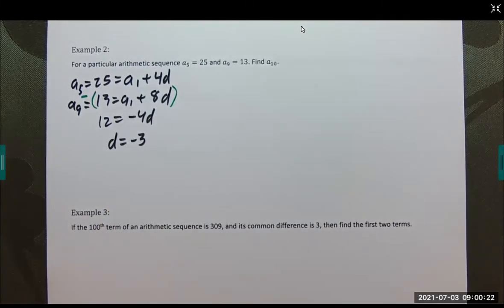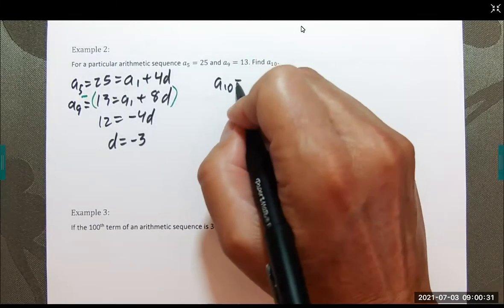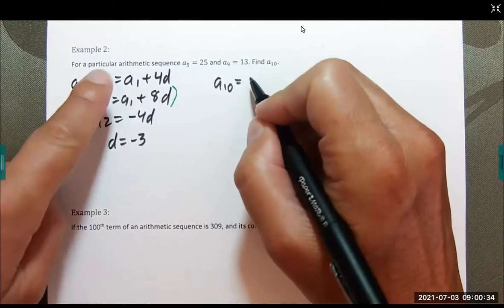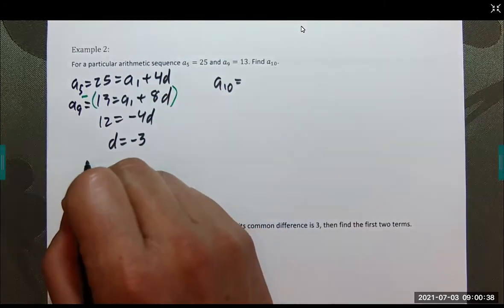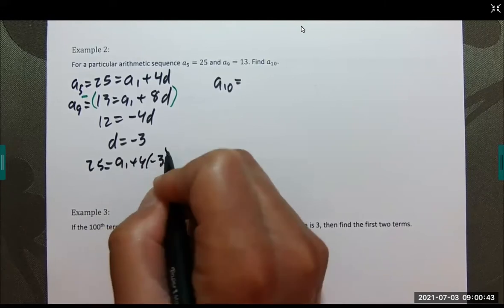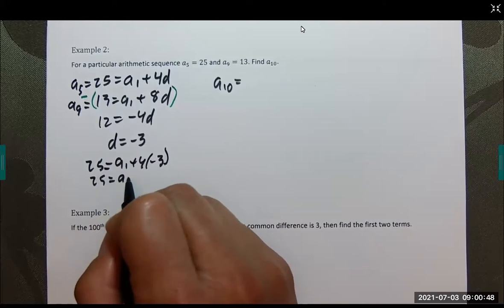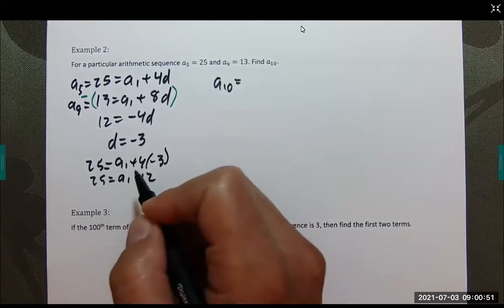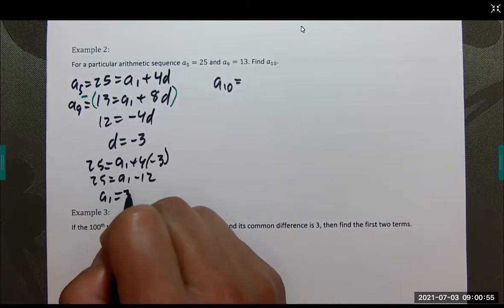Which is cool, because now we can find a sub 10, which is going to be the first term, which we need to get. So let's plug this one into this here. So 25 equals a sub 1 plus 4 times negative 3. 25 equals a sub 1 minus 12, which means when we add that, we get a sub 1 is 37.